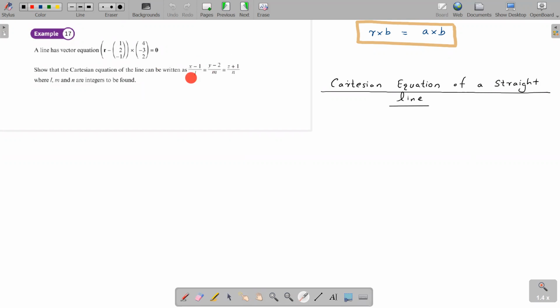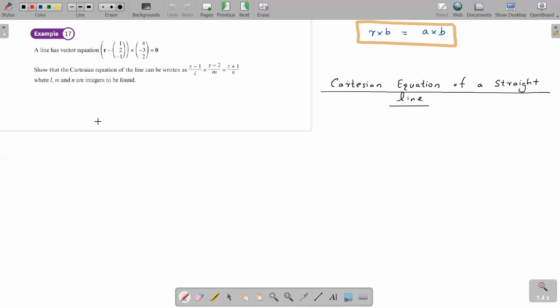So they're asking you to find the values of L, m, n, and you can see here this is a Cartesian equation. Why do I say it's a Cartesian equation? Because you can see it's in terms of x, y, and z, right? You don't have any r here. You've gotten rid of the vector part, and you have got it in terms of Cartesian coordinates.